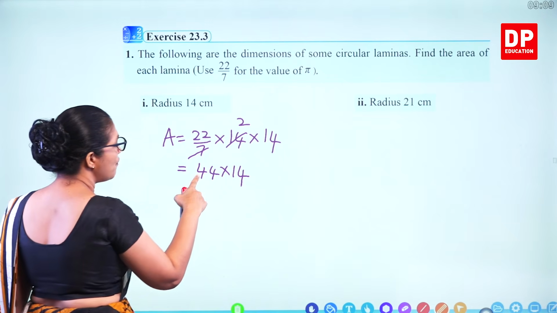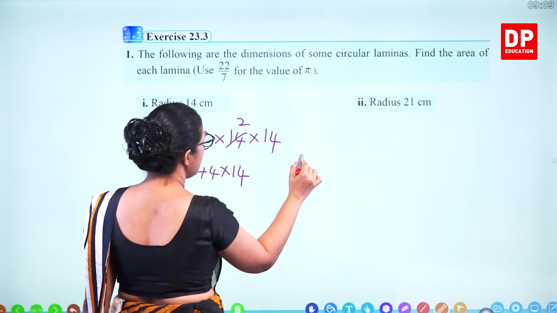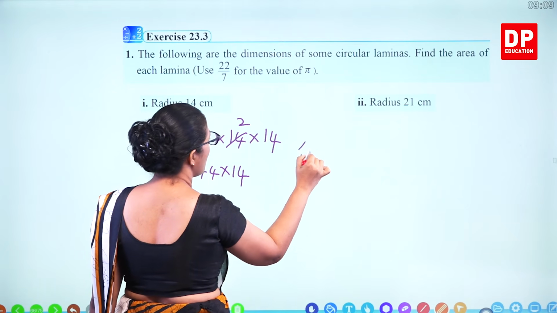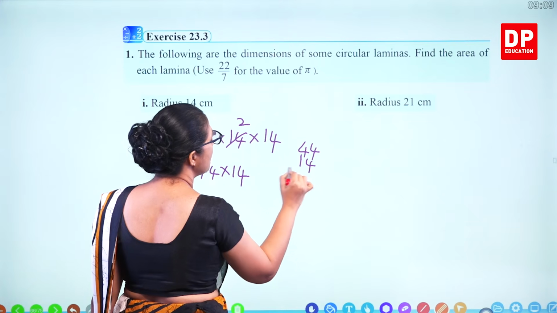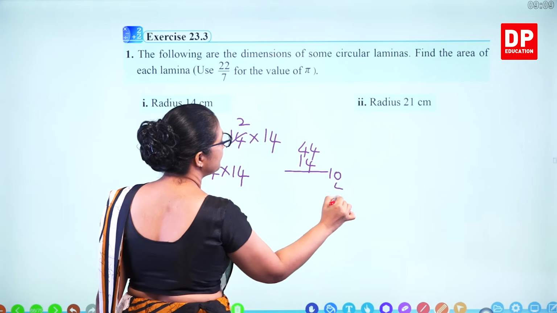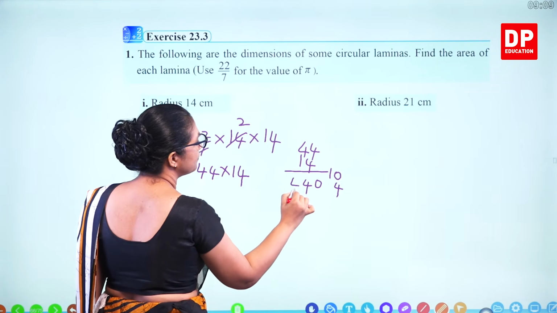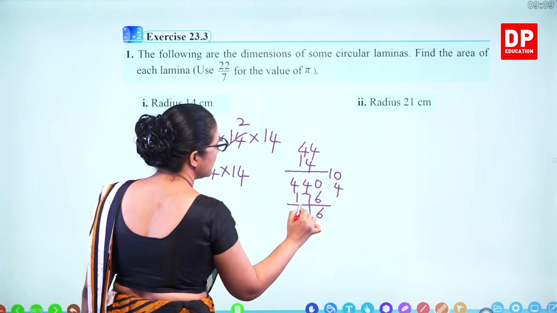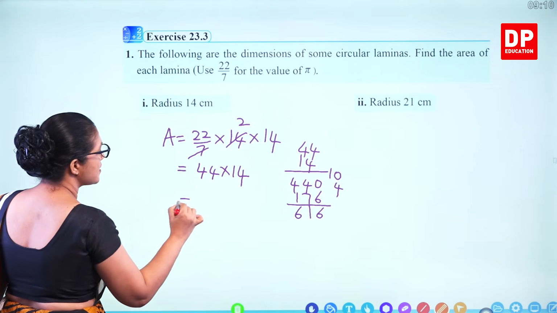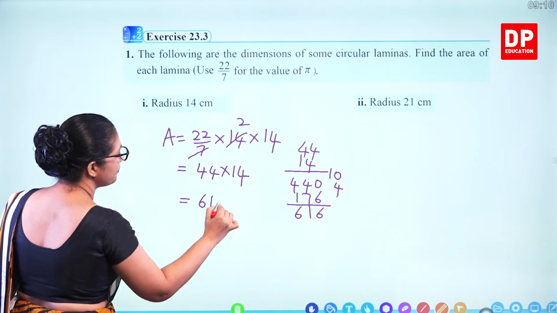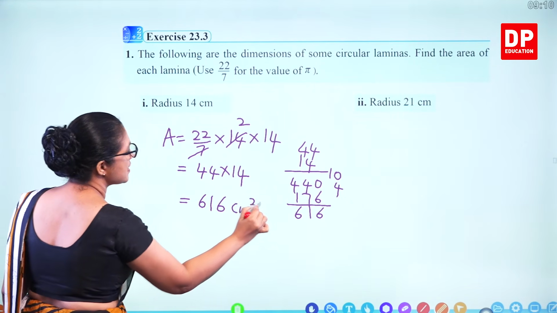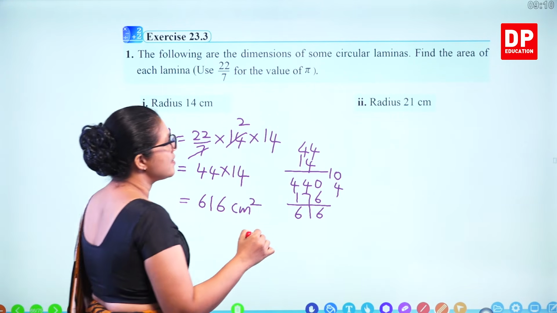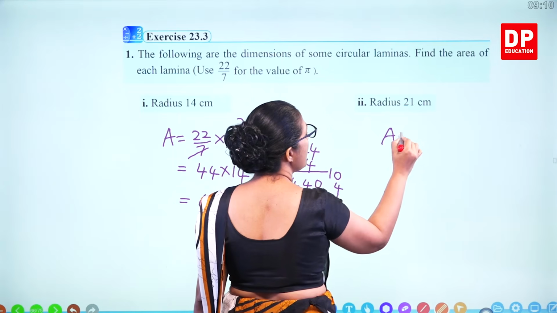So we did that before, 616. Next, radius 3, so 22 over 7 ... you get 660 square centimeters.